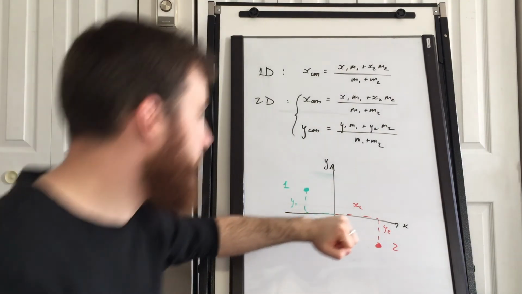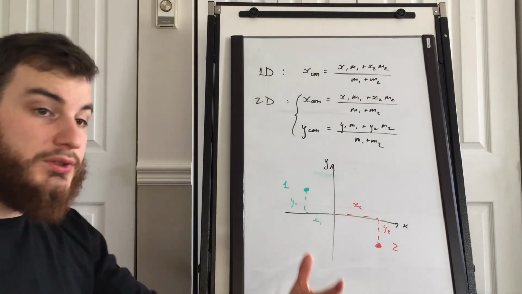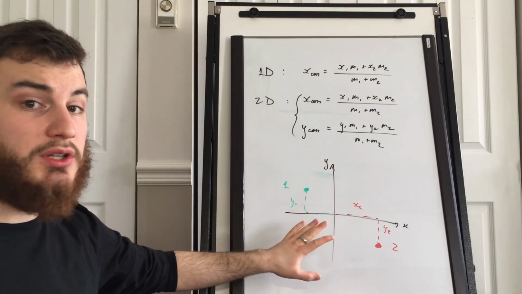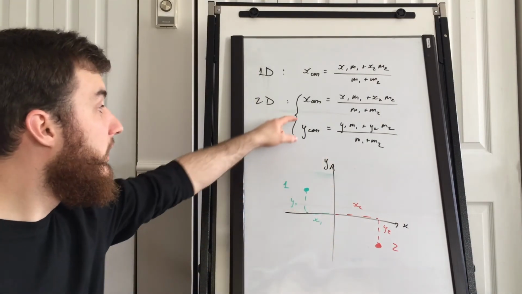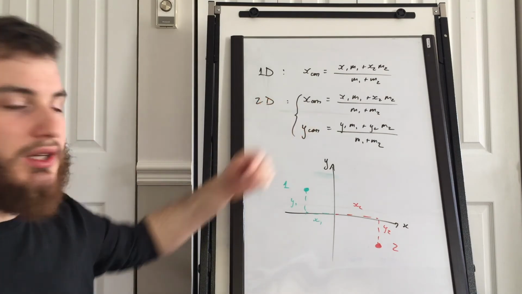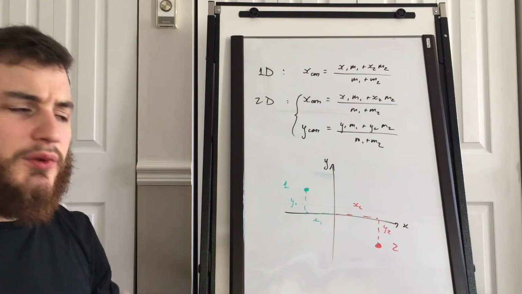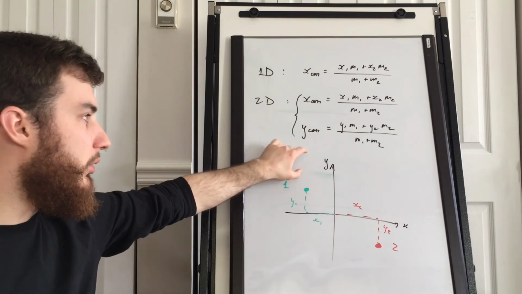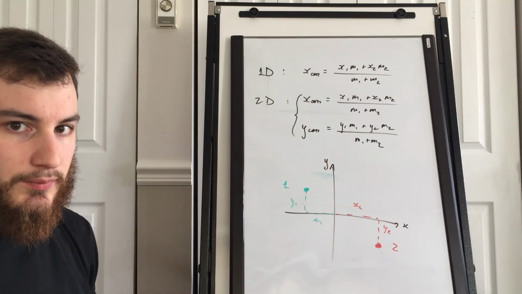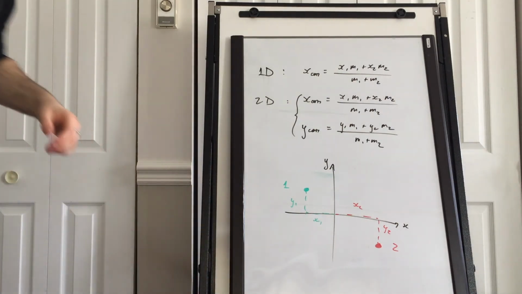In 2 dimensions, the center of mass is also a point in 2 dimensions. It has coordinates in x and y. So you can find these by using the same formula in x and in y. And then you can extend this. If you were in 3 dimensions, you would have a third equation in z, and it's the same thing. That's only for 2 particles.